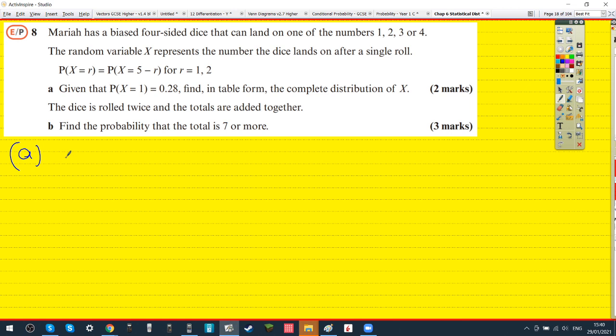Oh, is that saying that the probability of it landing on 1 is 0.28? Yep.